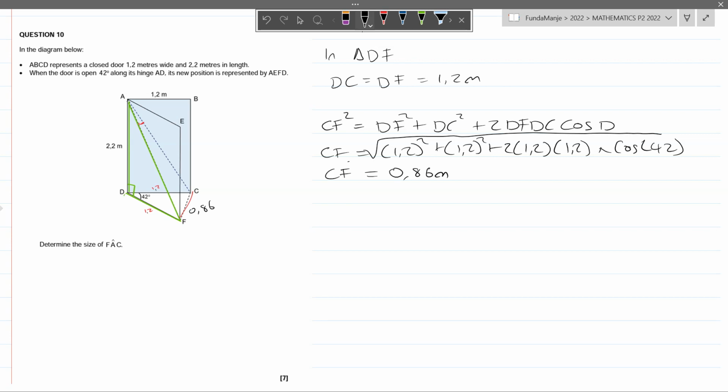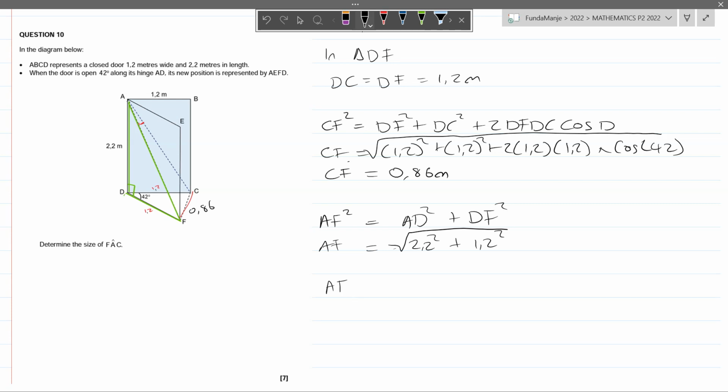What can we do? We can get the size of AF using Pythagoras theorem, saying AF squared is equal to AD squared plus DF squared, and then AF will be equal to the square root of AD squared, which is 2.2 squared, plus DF squared, which is 1.2 squared.